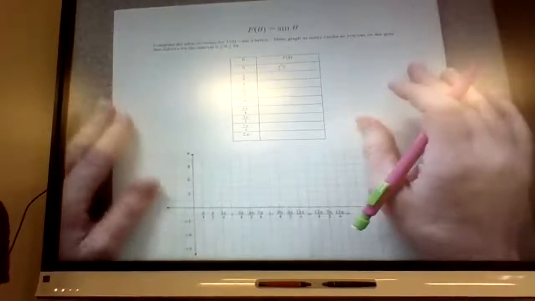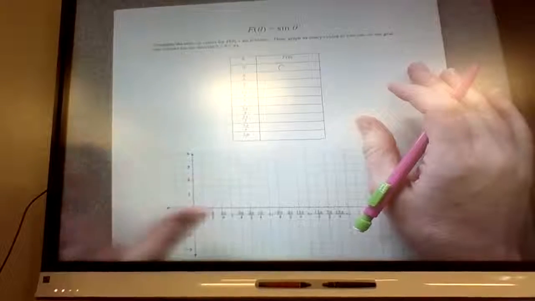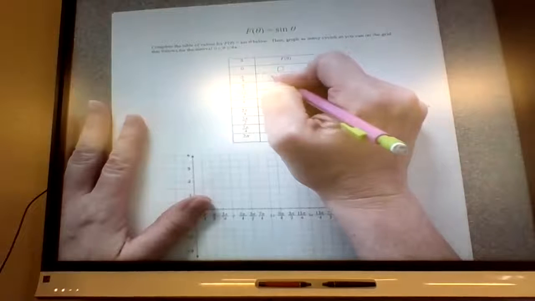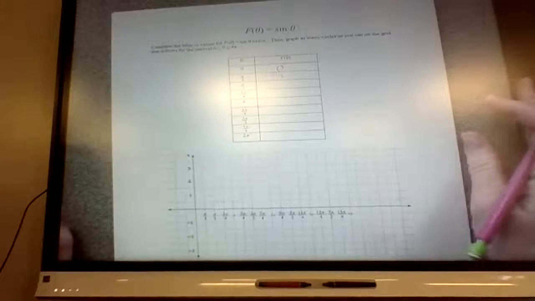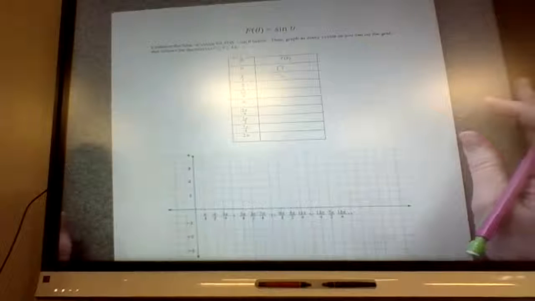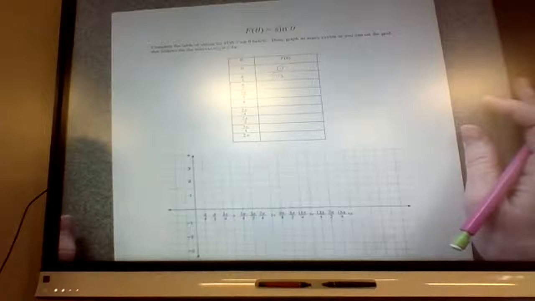Okay. I was still confident. What is the sine of pi over 4? Square root of 2 over 2. We're going to need a decimal estimate on that. What is the decimal estimate of square root of 2 over 2? So less than 1. Yeah.